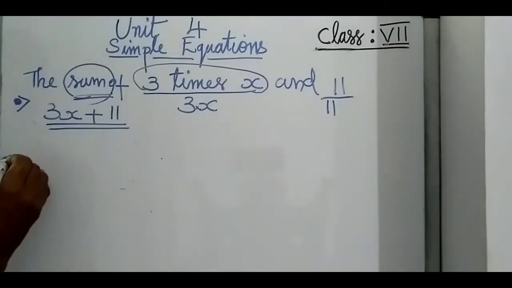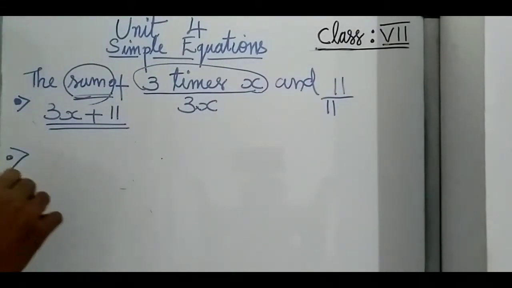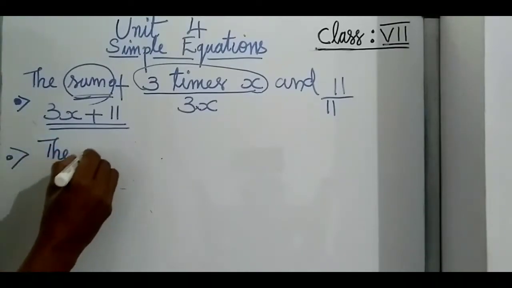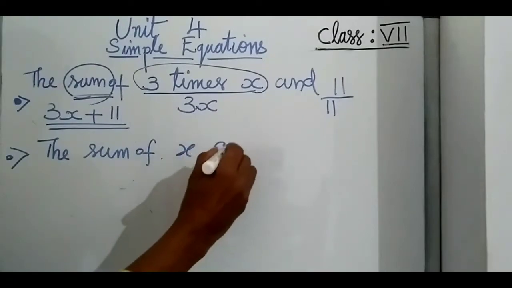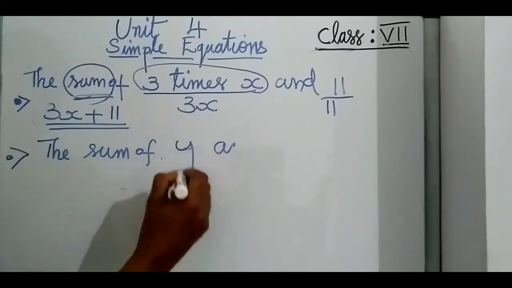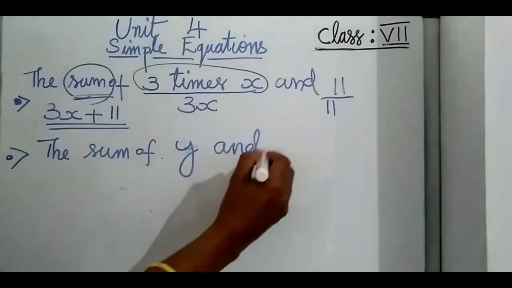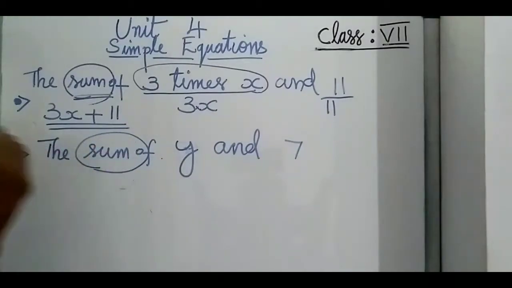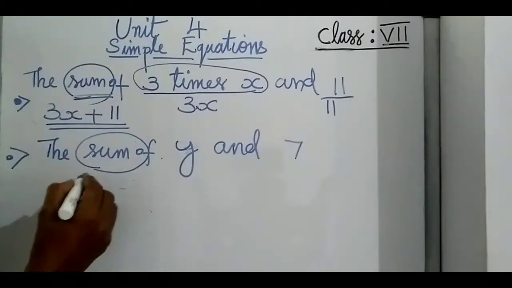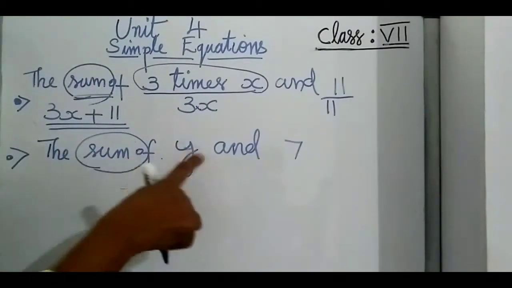Then one more example. The sum of y and 7. How can we write it? There is also the sum. We know the symbol.